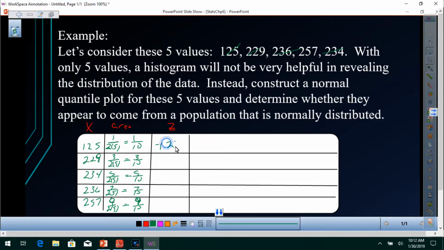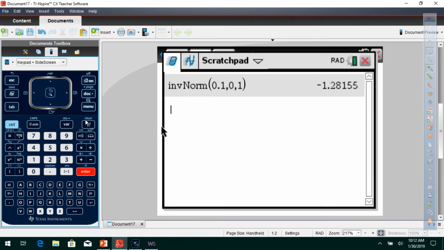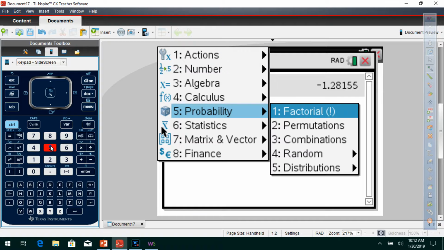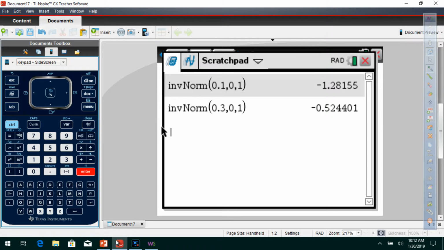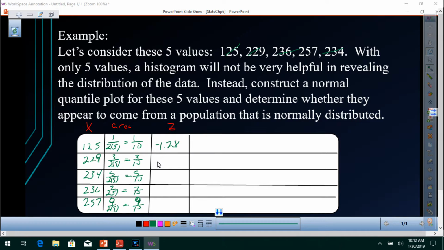Then 3/10, that's 0.3, menu 5 5 3, and that's negative 0.52. Now this is 5/10, or 1/2.